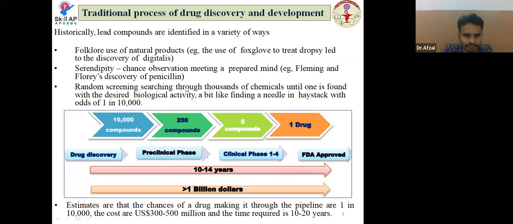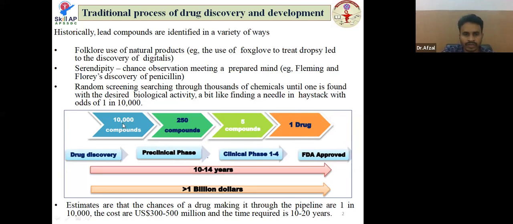These are some of the ways in which lead compounds have been discovered. The typical drug discovery process is time-taking as well as a costly affair. You start with approximately 10,000 compounds and, after certain preclinical phases, filter them to 250 compounds. After entering clinical phases 1 to 4, we get only 5 compounds, and ultimately one drug molecule.